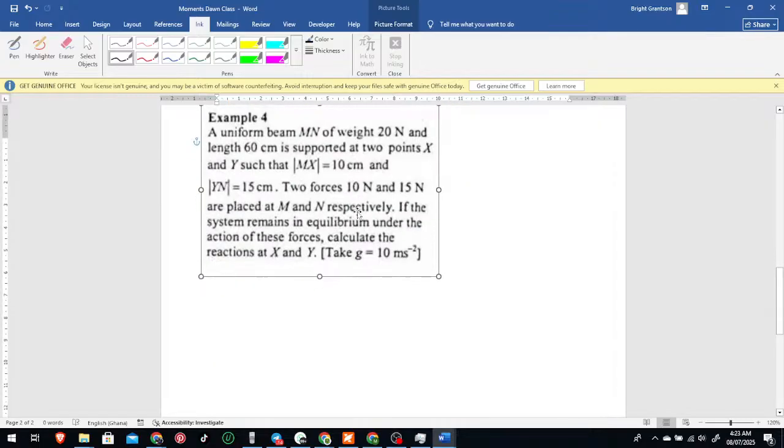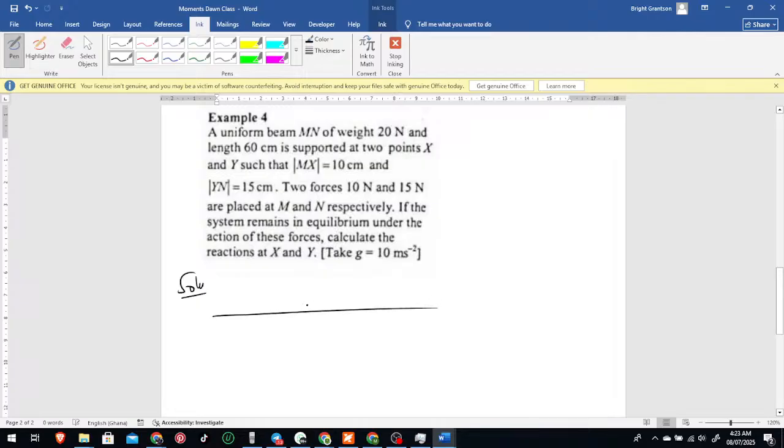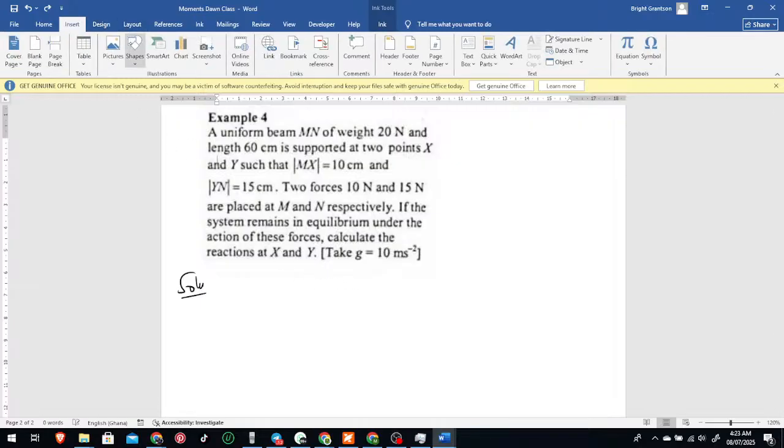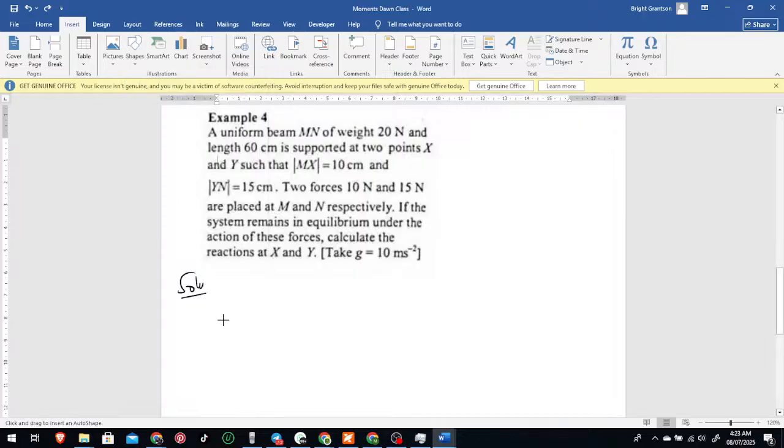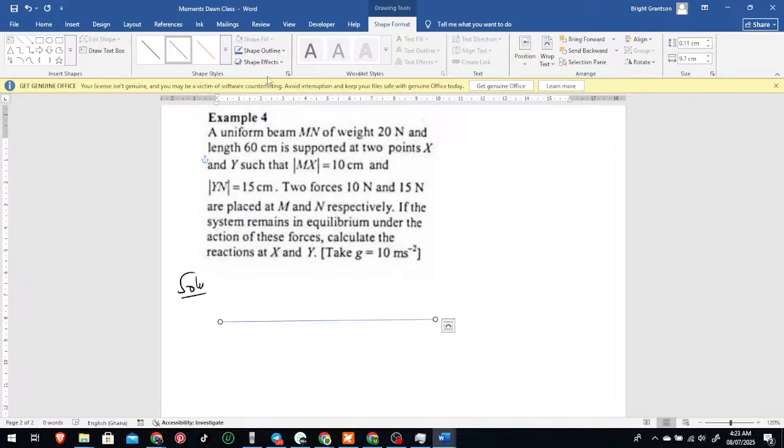Now the uniform beam means that the beam is distributed evenly throughout, right? So it can be like a rule, a meter rule or something. Let me insert a straight line. So this could be it.